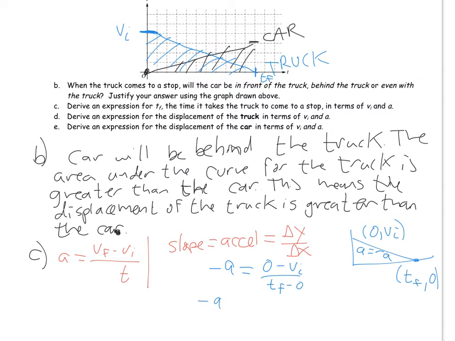So I get that negative a equals negative vi over tf. Okay, I can go ahead and cross multiply here, and I find that negative a tf equals negative vi. So that means that tf is equal to vi over a.